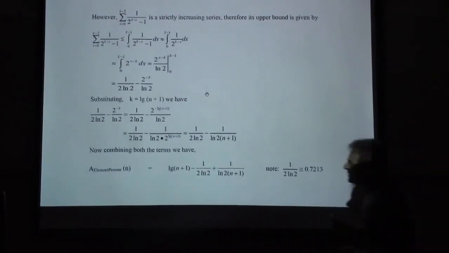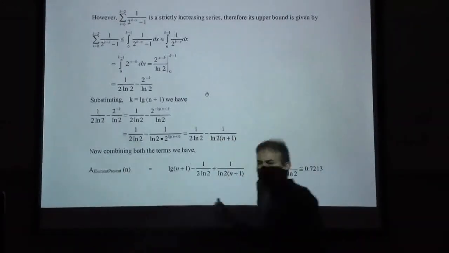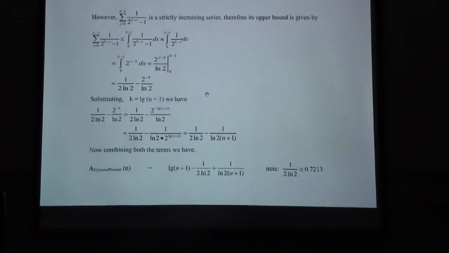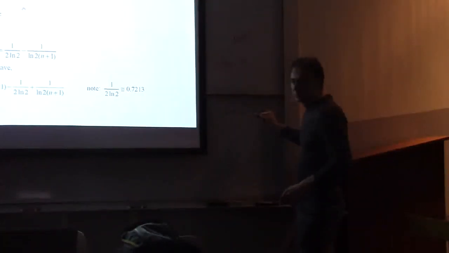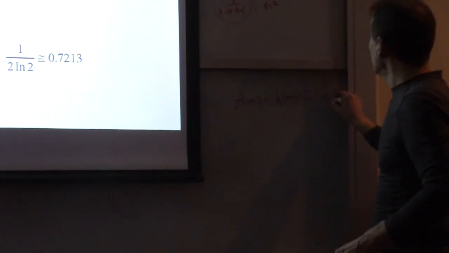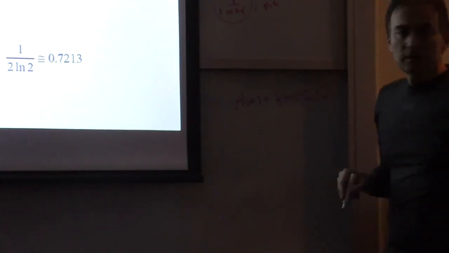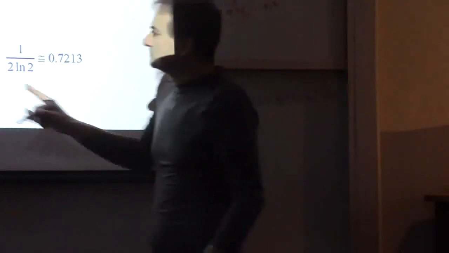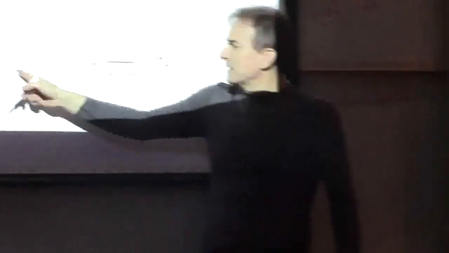let's call this A of n. So A of n is equal to lg of n plus 1, minus 1 over 2 ln 2, plus 1 over ln 2 times n plus 1, right? By the way, what happens when n becomes very large?